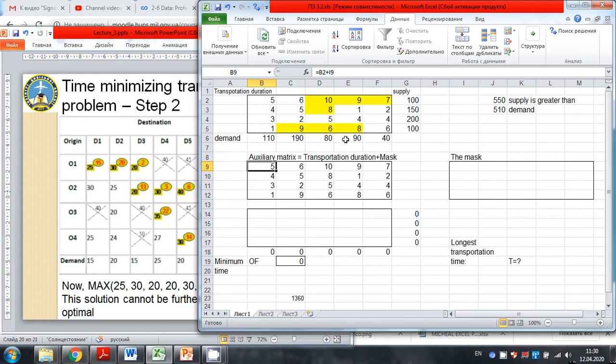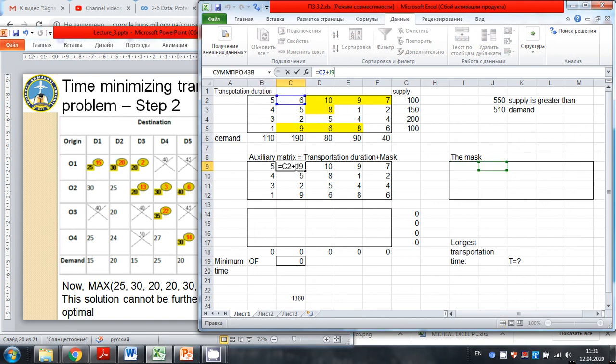To make it simpler, I've just introduced every element of the auxiliary matrix as a sum: the cell of the initial transportation duration matrix plus the corresponding cell of the mask. So we can see that every single cell in the auxiliary matrix is equal to the sum of the initial transportation matrix and the corresponding cell from the mask.